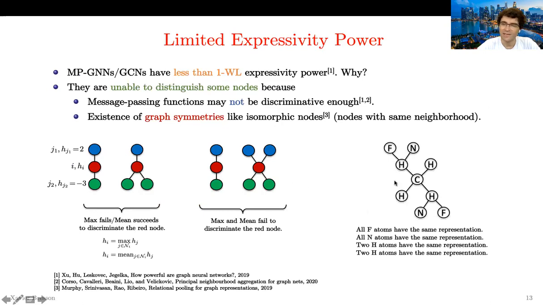Another limitation is that for any graph we have the existence of natural symmetries, like for example isomorphic nodes. If you take this hydrogen atom and this one as well, they have the same neighborhood. So the message passing GNN will basically provide the same node representation for these two atoms of hydrogen, which is a limitation because you want to be able to distinguish these two nodes.